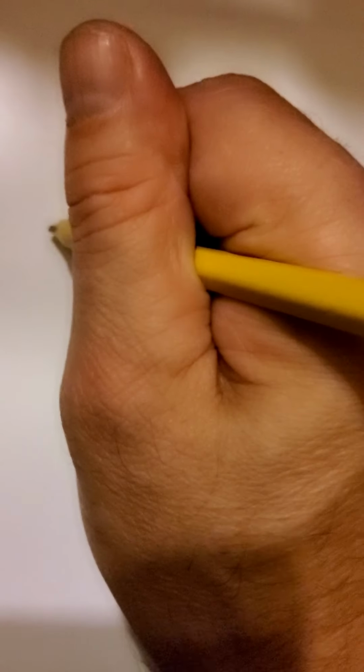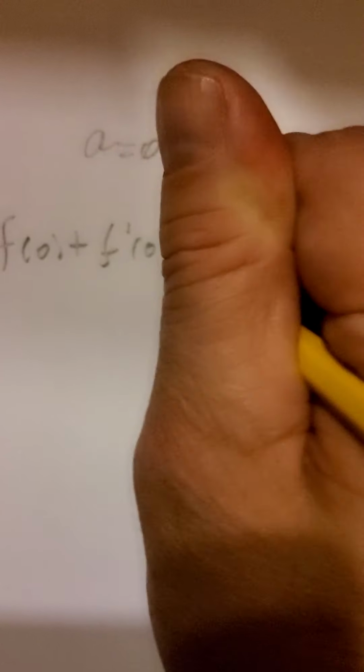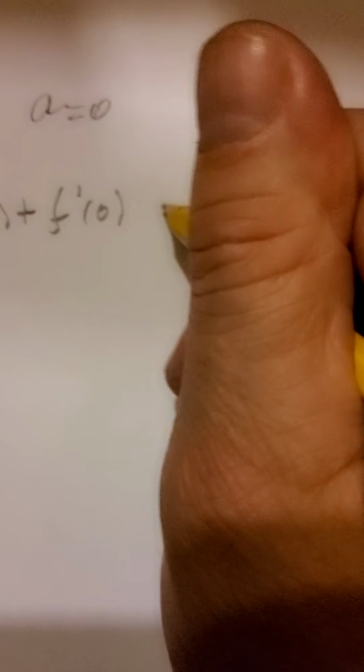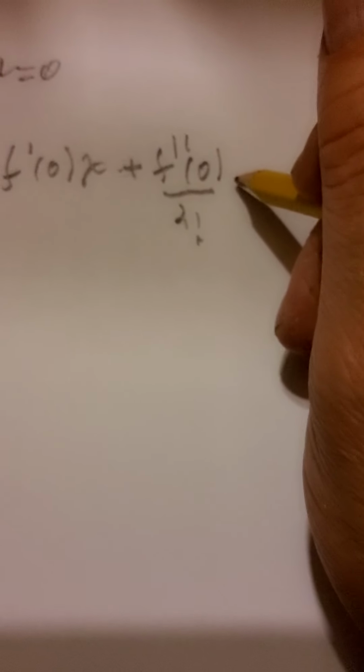So if you set a equals 0 and go back to this original function, you write f of 0 plus f prime at 0 times x, because x minus 0 is just going to be x, plus f double prime at 0 over 2 factorial times x minus 0.